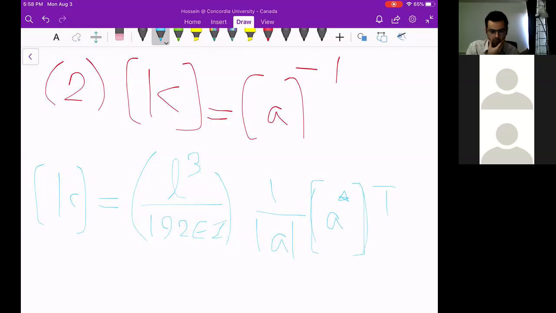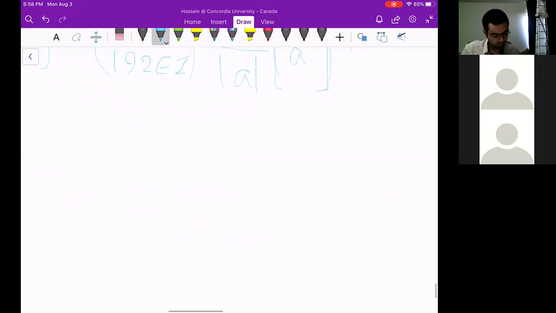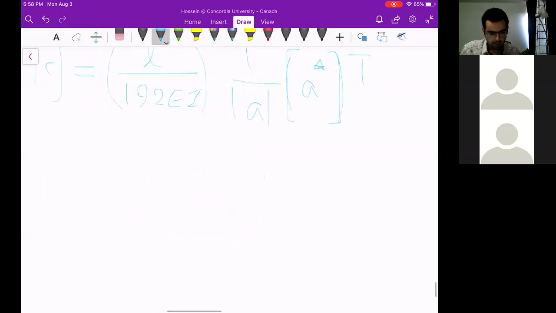So the adjunct matrix is just, for example, if A was 3 by 3, say 1, 2, 3, 4, 5, 6, 7, 8, 9.